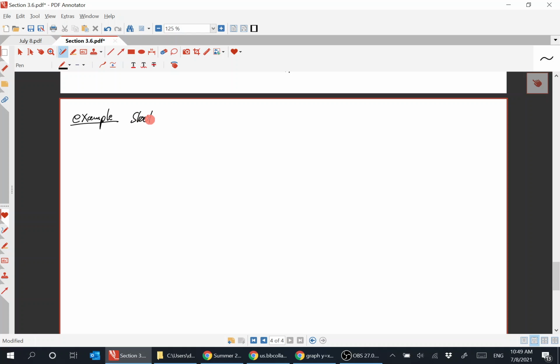Sketch the graph y equals x over (x minus 1) squared. Okay, well, let's put a negative x here. All right, well, so we have x-intercept at x equal to 0. Or sorry, y-intercept at x equals 0. X and y-intercept. All right, so at the origin.